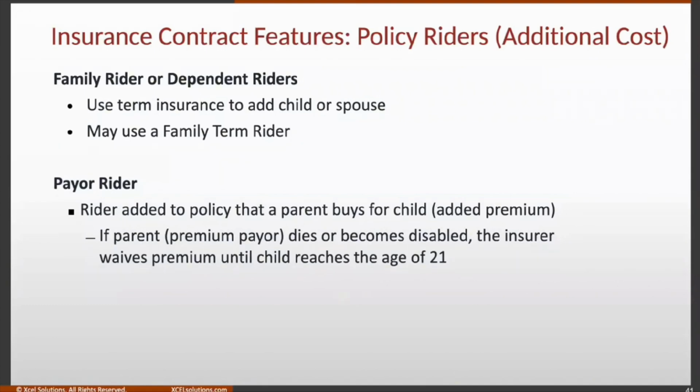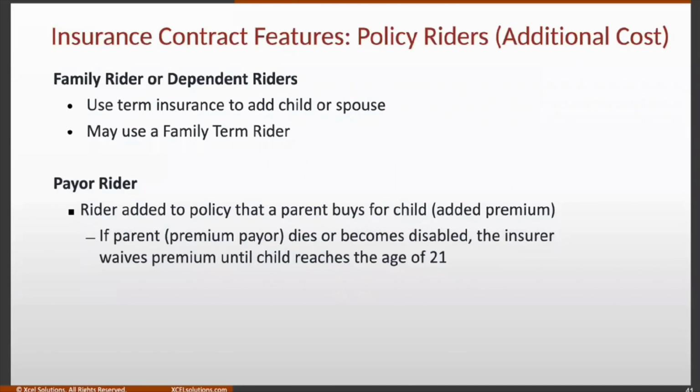We write whole life insurance on that person's life, and then we would put a family rider on that whole life insurance policy to cover every other family member, the opposite spouse and all children of the family, for one particular face amount. Now, sometimes a person will want a higher amount provided on the opposite spouse's life and a lesser amount on the children's lives.